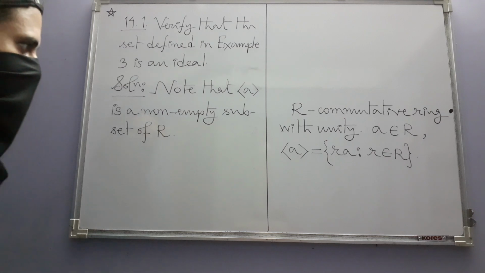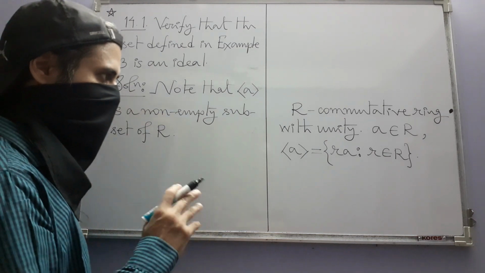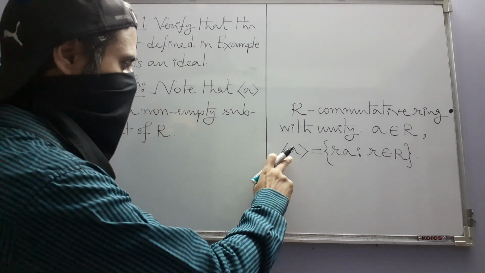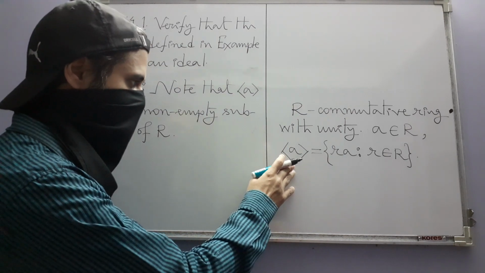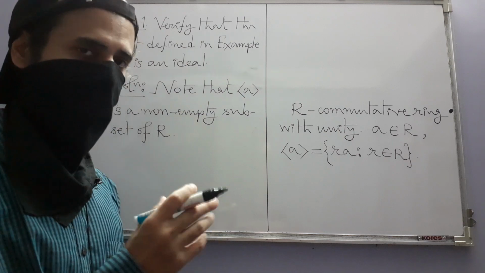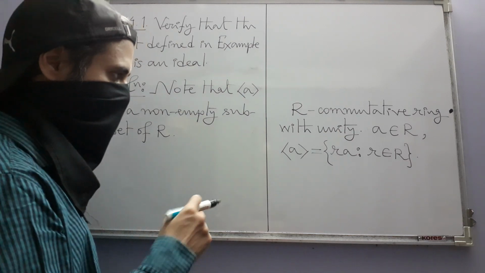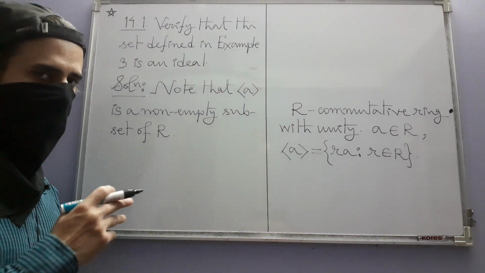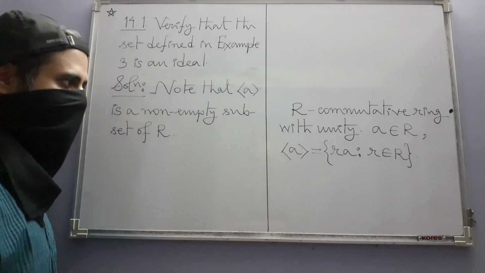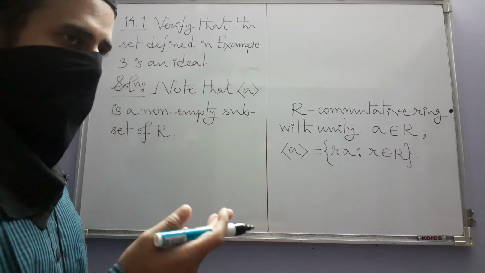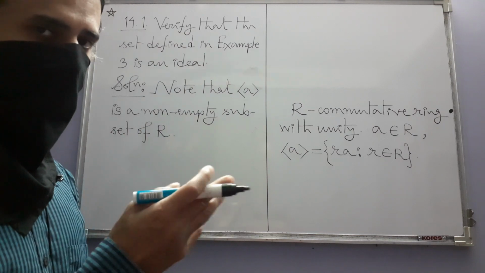Now, to verify that this is an ideal, we have to check two things. If we take any two elements from this subset, then their difference should belong to this subset, and then that other thing, that product of an element from this set and an arbitrary ring element. Actually, two products are there.